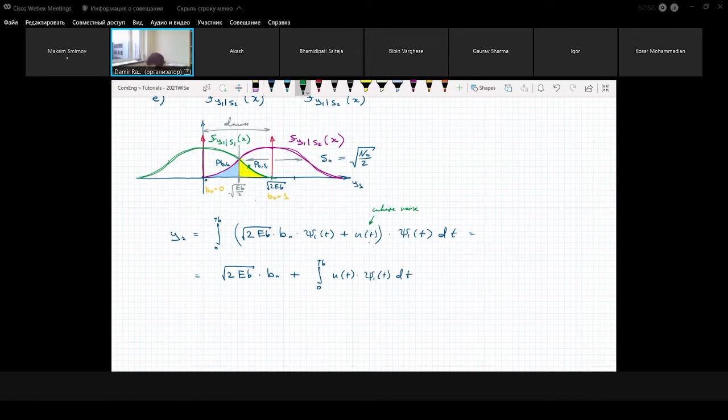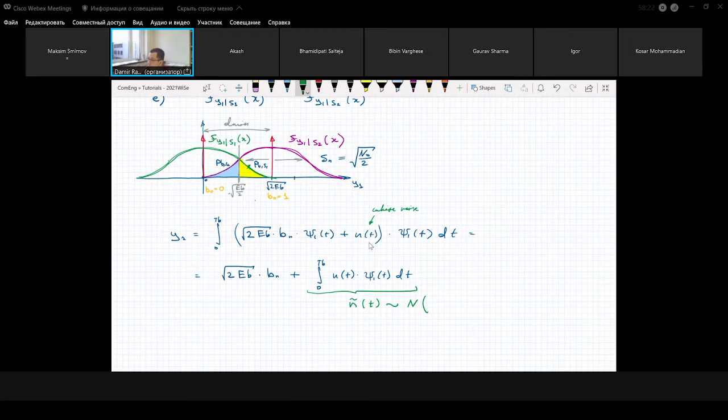Simply speaking, the second part will be noise after transformation. Previously we have shown that this noise will be Gaussian if the original noise was white Gaussian.